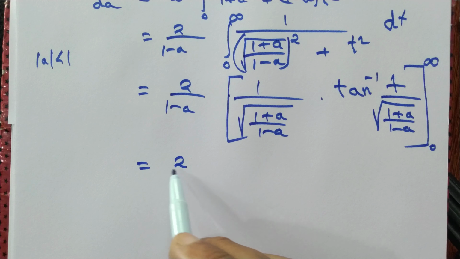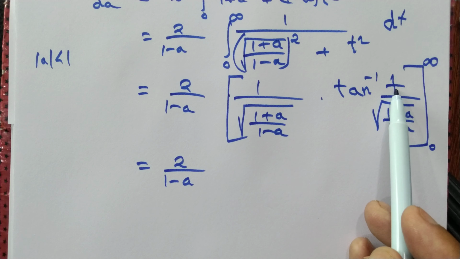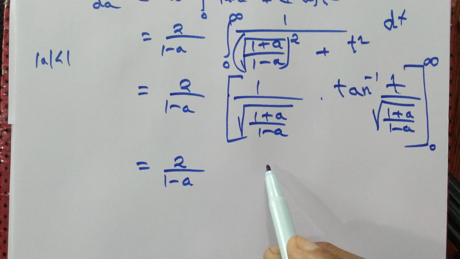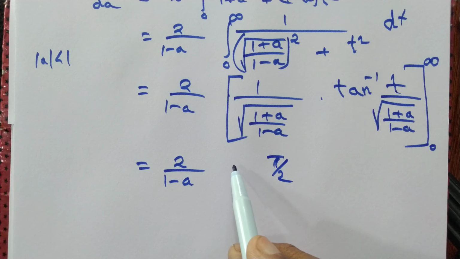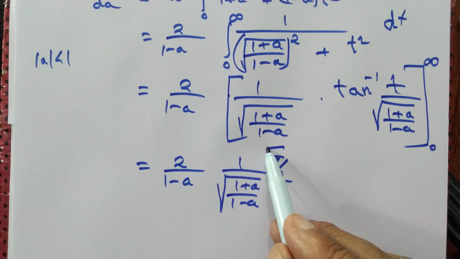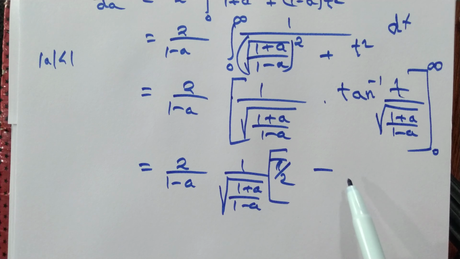That is equal to 2/(1 - a) times: when t tends to infinity, tan inverse of t turns out to be pi/2, times 1/root of (1 + a)/(1 - a), minus, when t equals 0, tan inverse of 0 is simply 0.